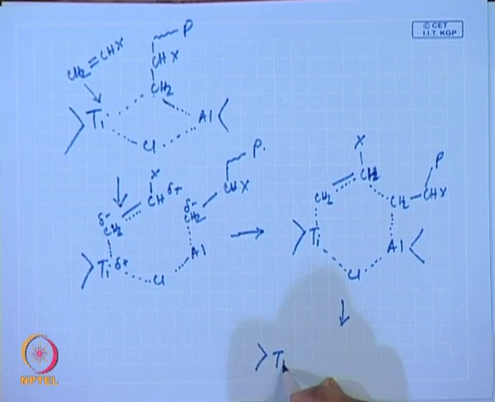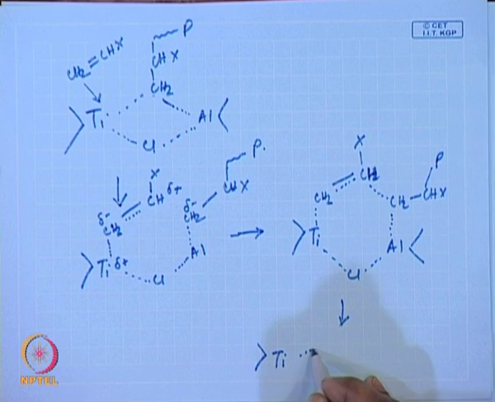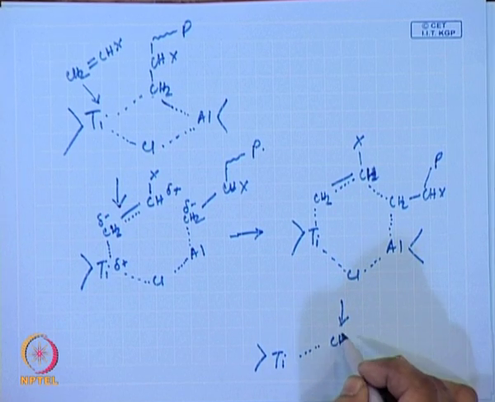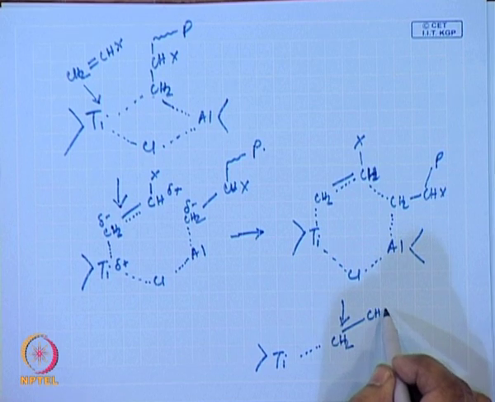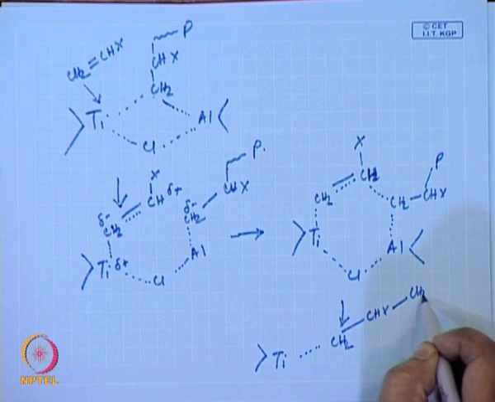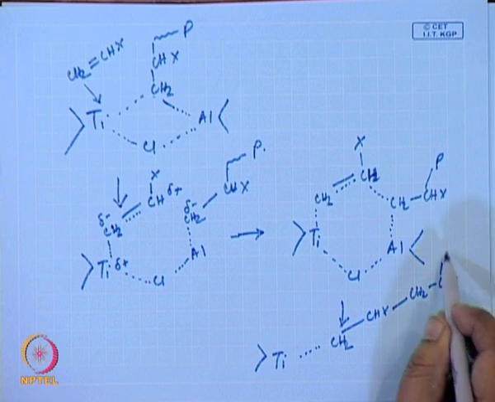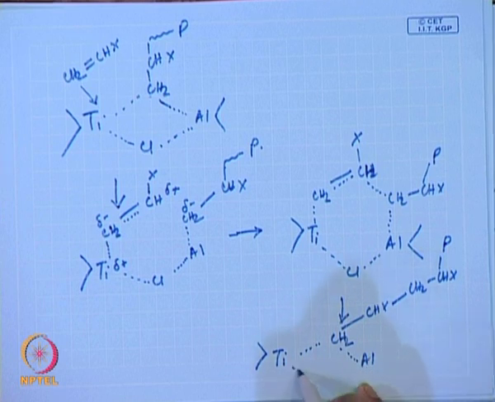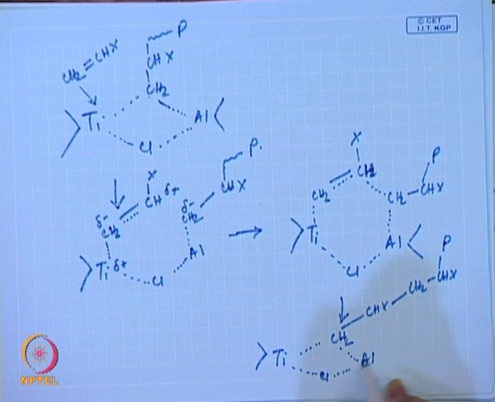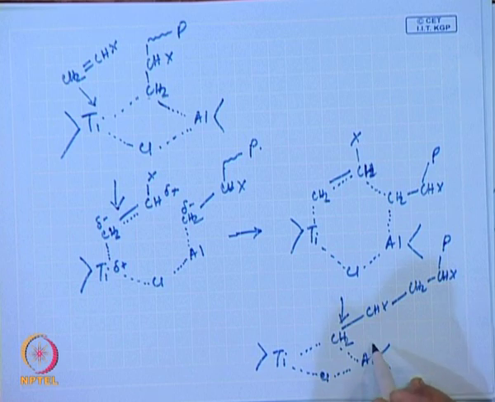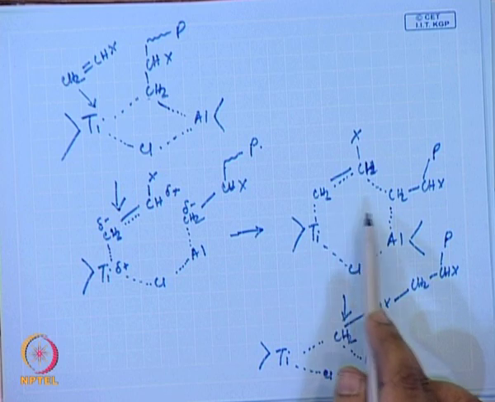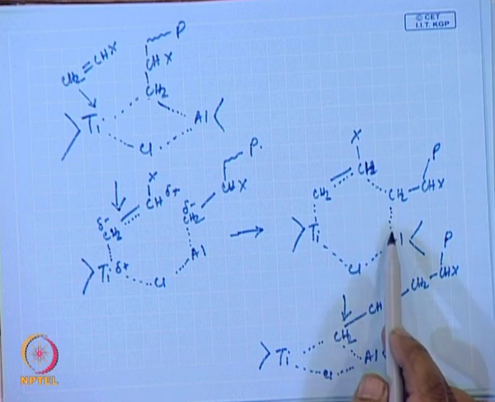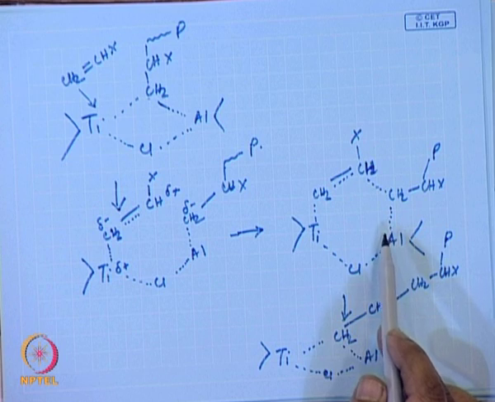So, inserting this new monomer in the aluminum carbon bond regenerates the bridge complex.